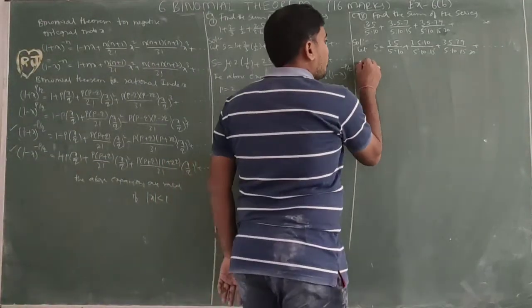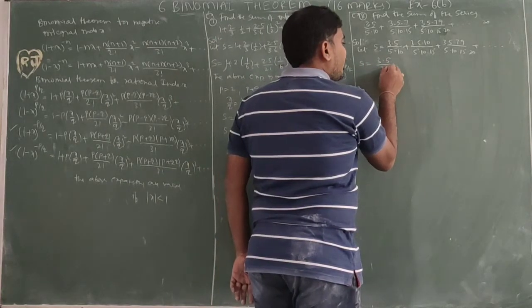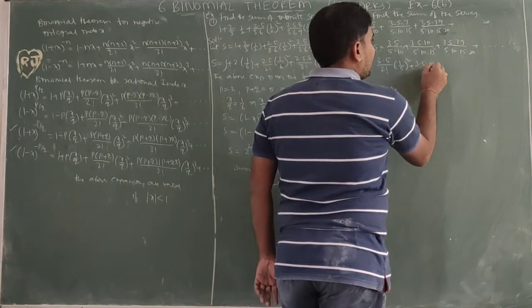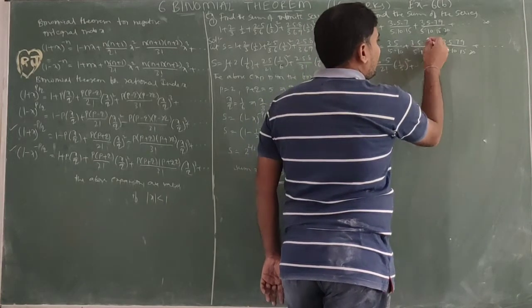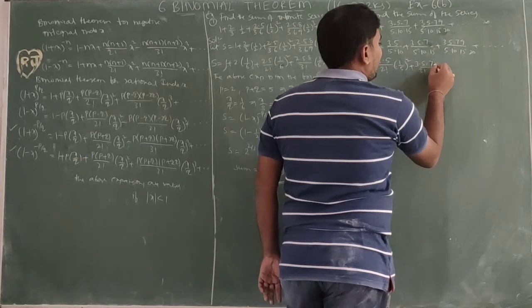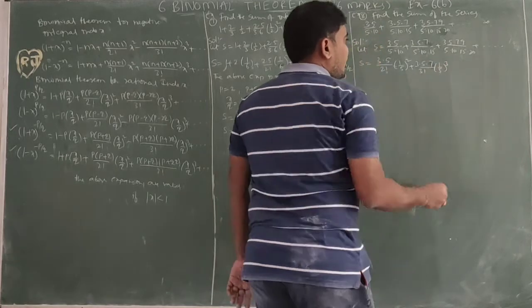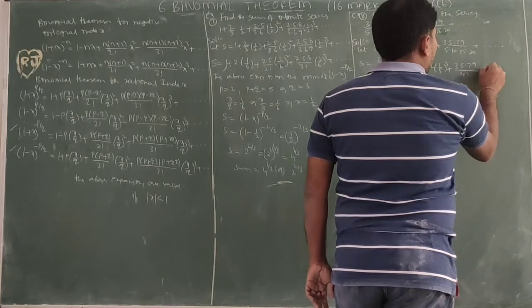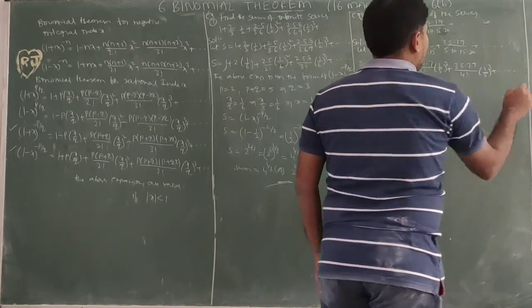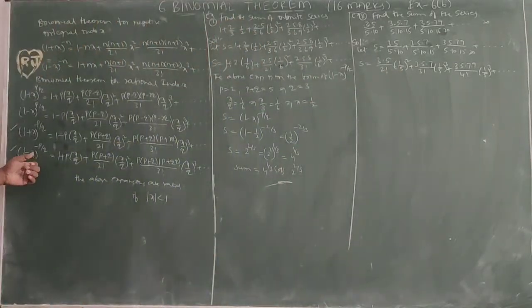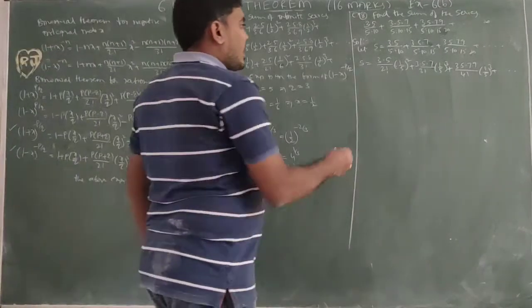So S is equal to (3·5)/2! (1/5)^2 plus (3·5·7)/3! (1/5)^3 plus (3·5·7·9)/4! (1/5)^4 plus up to so on. So all the terms are positive, so this is the formula (1 minus x) whole power minus p by q, but 2 terms are missing.